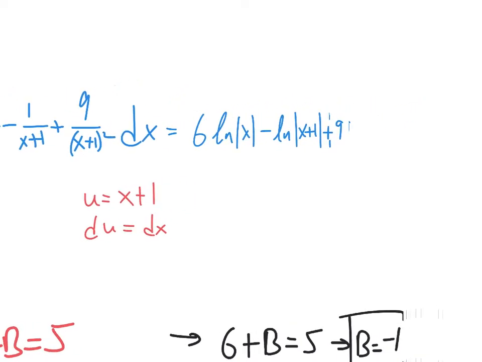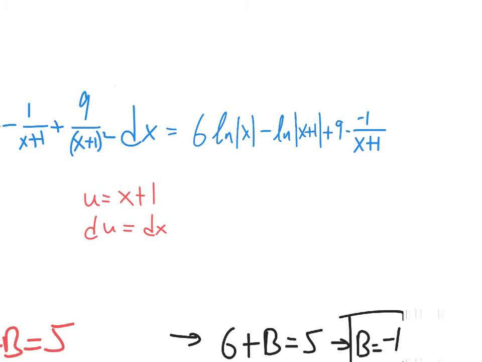Okay, so that's u to the -2, all right? So u to the -2. We're going to add 1 to the exponent. U to the -2 becomes u to the -1, which is 1 over x plus 1. And then times -1. So it's going to be negative.